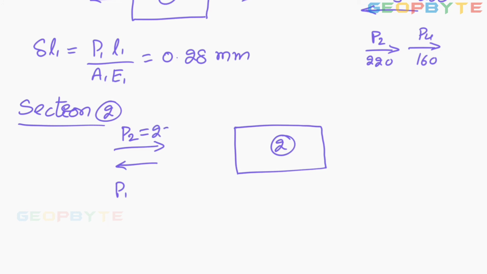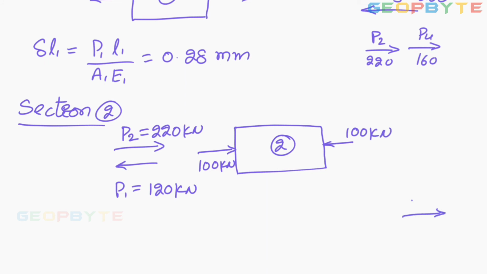That P2 is 220 kilonewtons, P1 is 120. The resultant value is 220 minus 120, 100. That 100 should be in this particular direction. So this is 100 kilonewtons. Therefore, the other end should be with the same value, 100 kilonewtons. That is the compressive load. Otherwise, P4 is acting in this direction, P3 is acting in this direction.